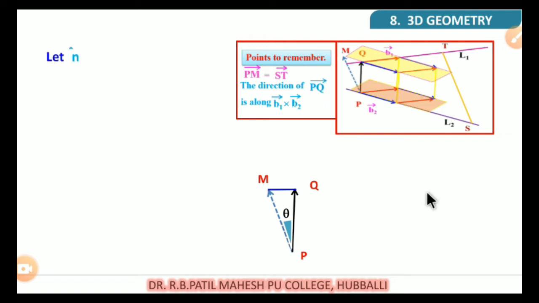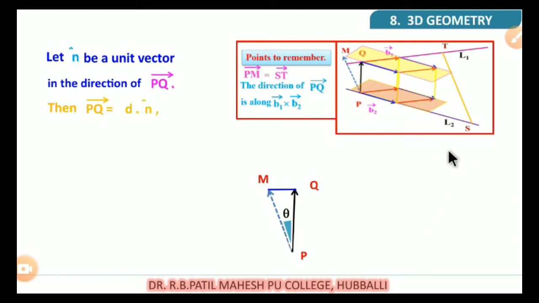Now let n cap be a unit vector in the direction of PQ, so that PQ vector is equal to D into n cap.